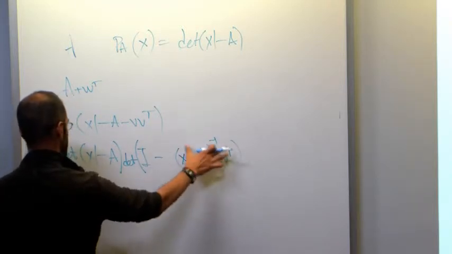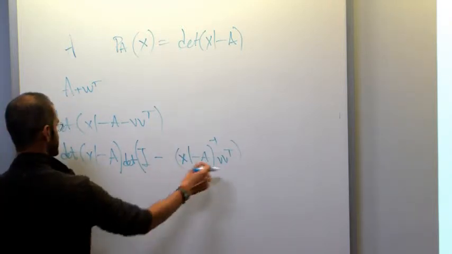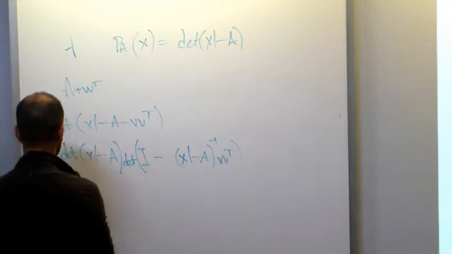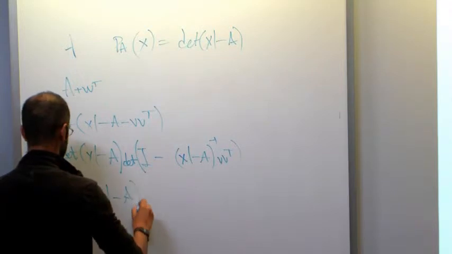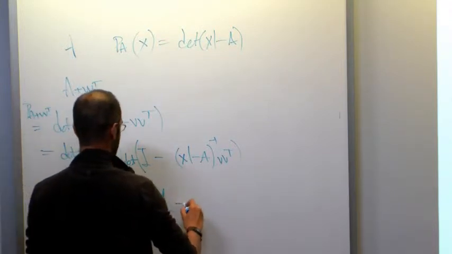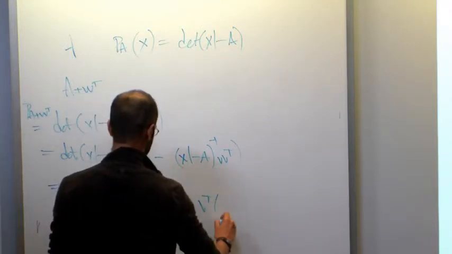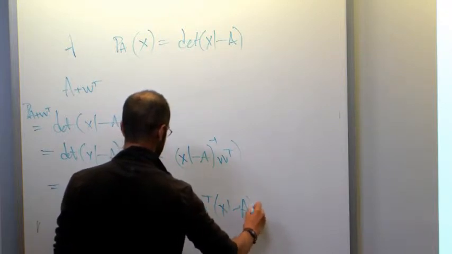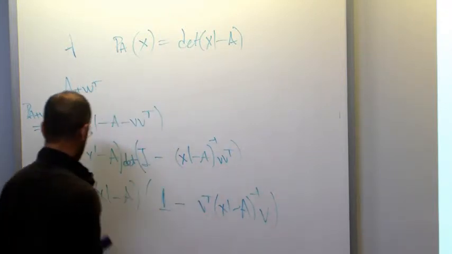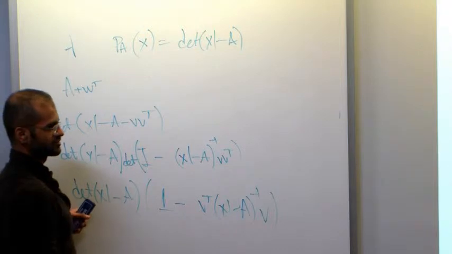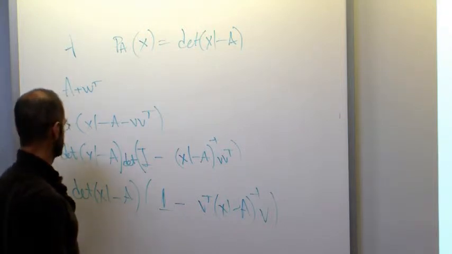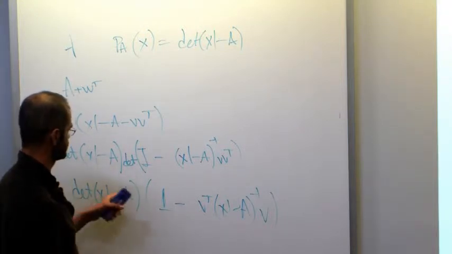Another way to see it is to rearrange things inside the determinant. You get that this is the determinant of xI minus A times 1 minus V transpose (xI minus A) inverse V. This fact is often called the matrix determinant lemma. This is literally the proof.